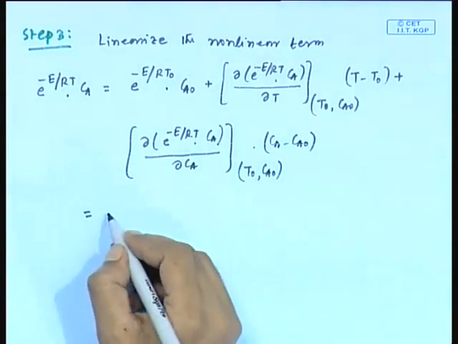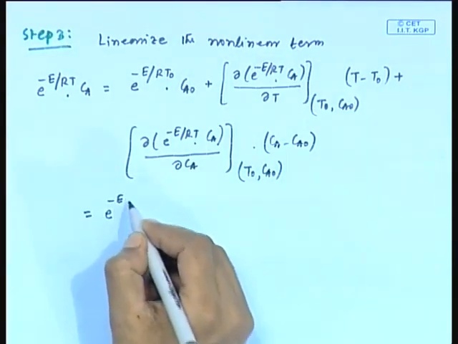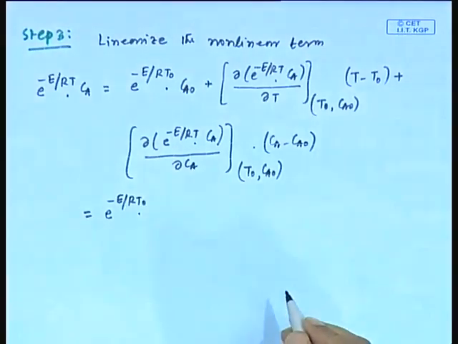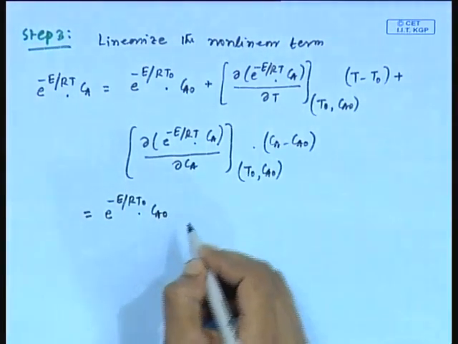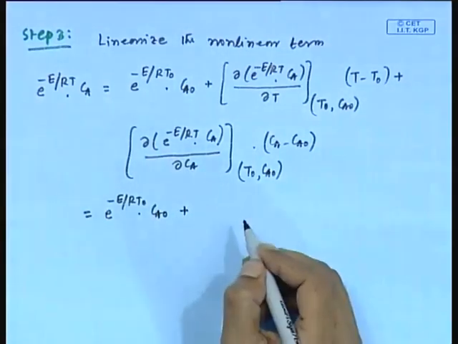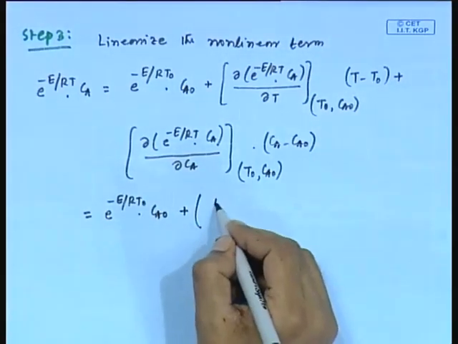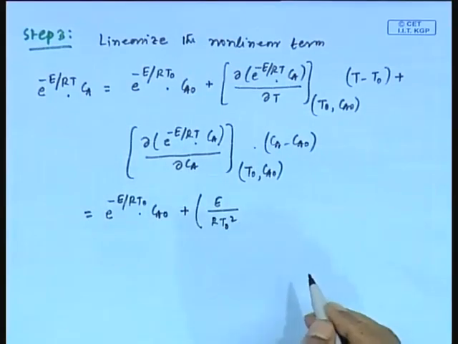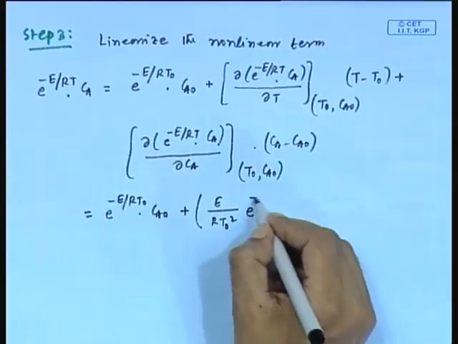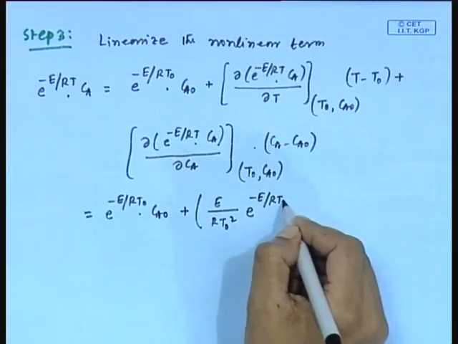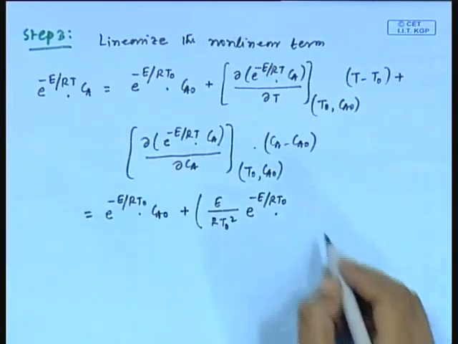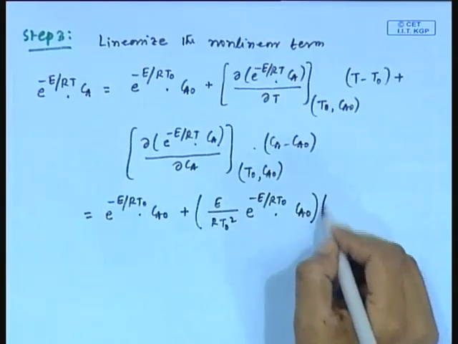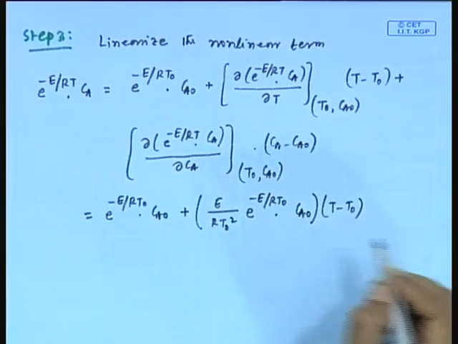Finally, we will get exponential of minus E divided by RT naught, CA naught, plus E divided by RT naught square, exponential of minus E divided by RT naught into CA naught, (T minus T naught).